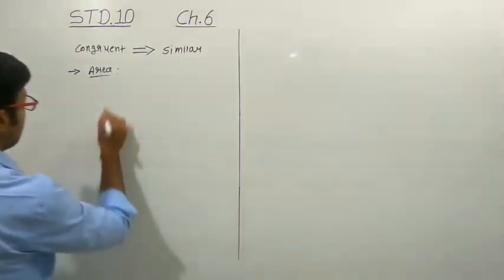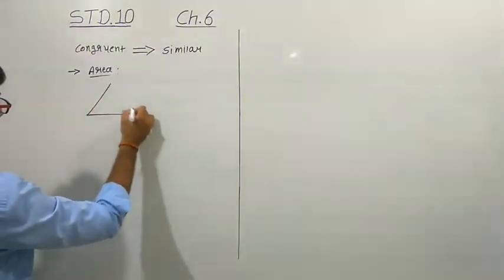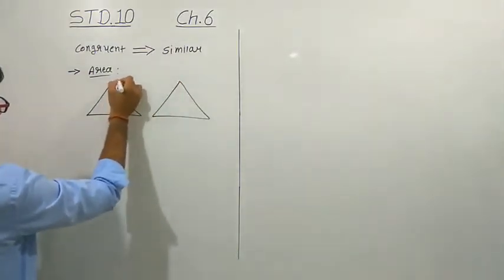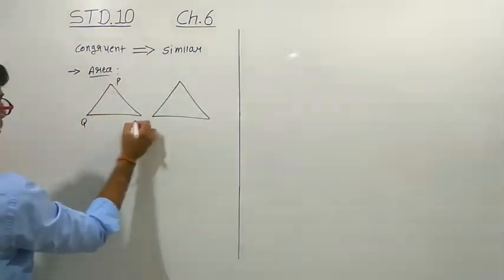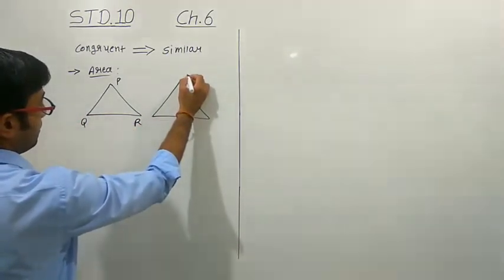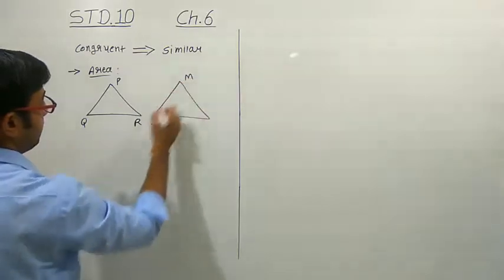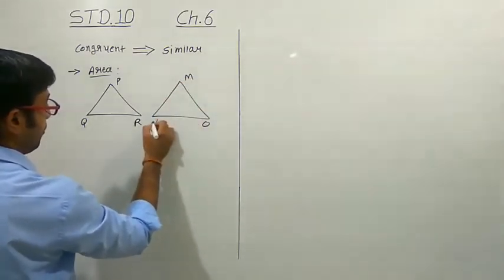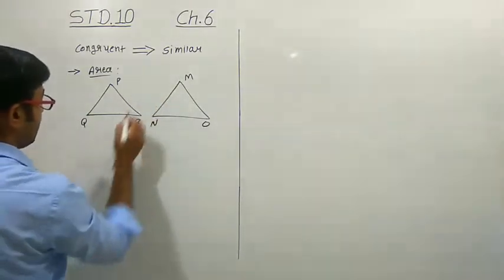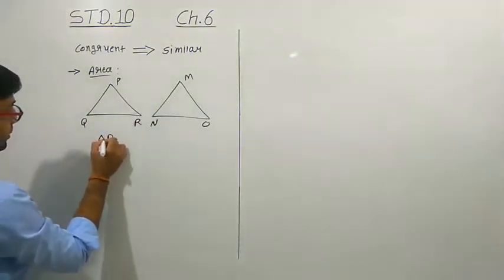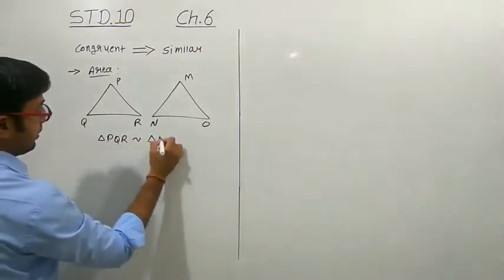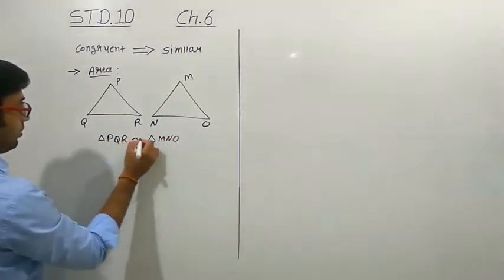See, if there are two triangles, suppose this is PQR, and this triangle we are taking M N O. So if these two triangles are similar, that is triangle PQR is similar to triangle MNO, right?